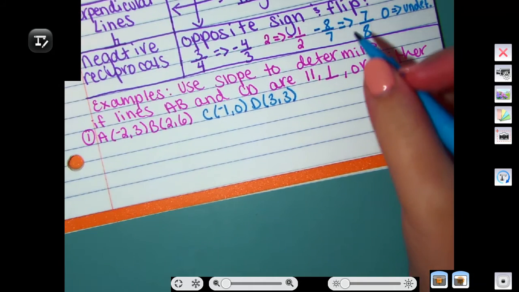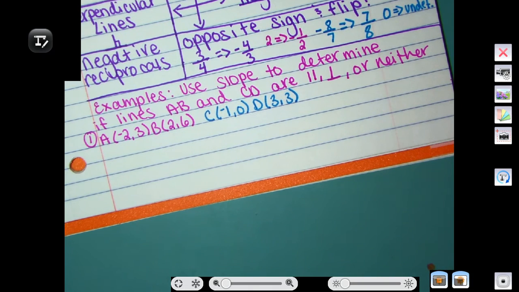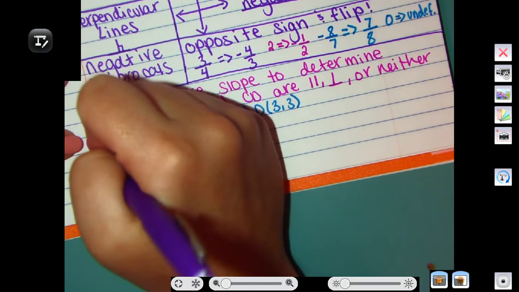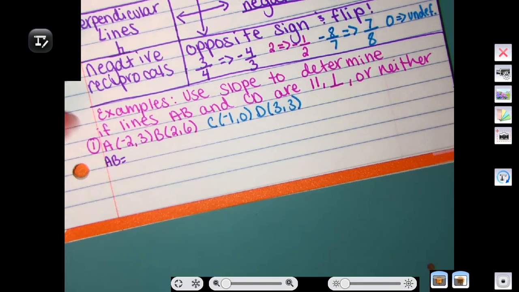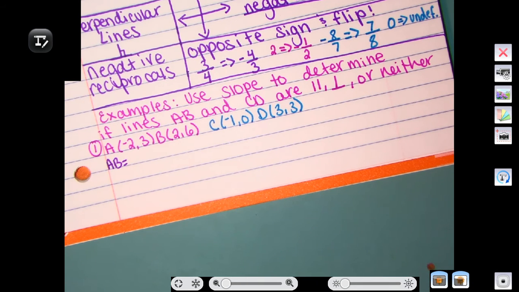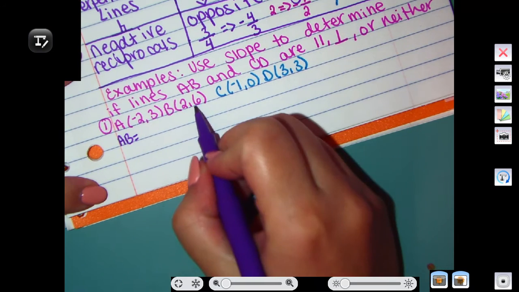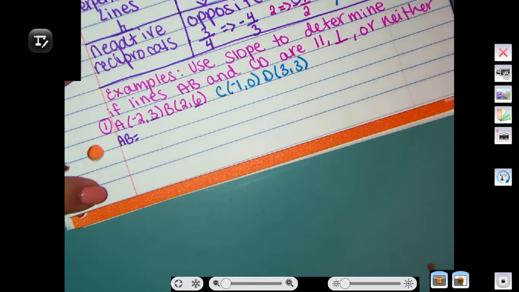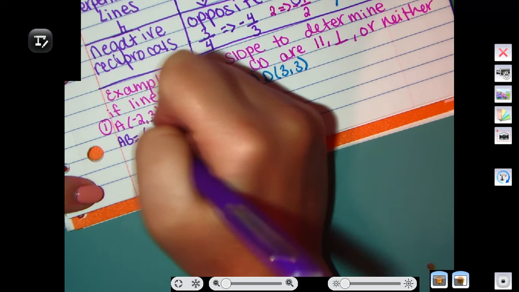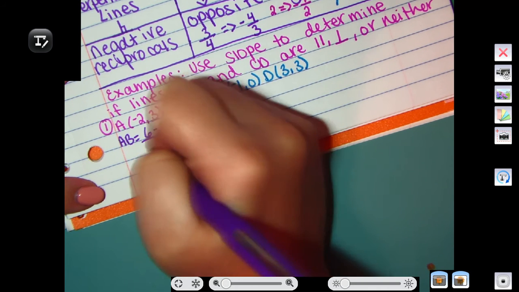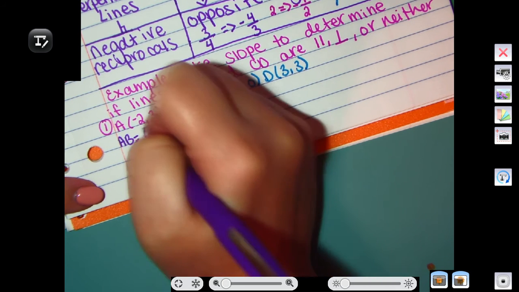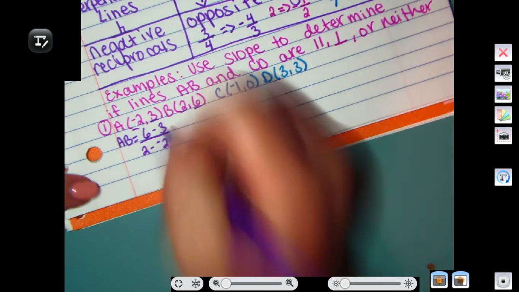So I'm going to start over here with AB. I'm going to subtract my y's and subtract my x's. So I'm going to do 6 minus 3 over 2 minus negative 2.